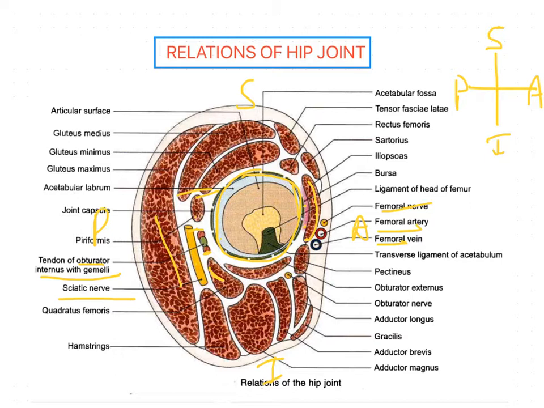In between you'll have the tendon of obturator internus and then the quadratus femoris muscle, and behind all these muscles we'll have the sciatic nerve, and behind the sciatic nerve we can see this big muscle, that is gluteus maximus. These are the posterior relations of the hip joint. So we have finished the anterior relations and the posterior relations.